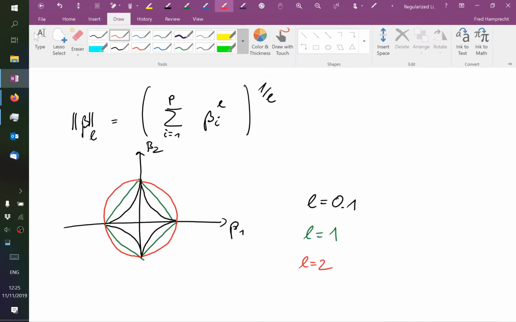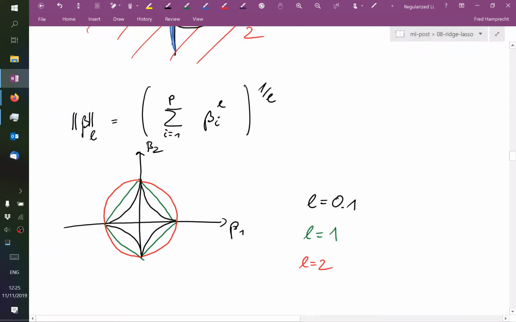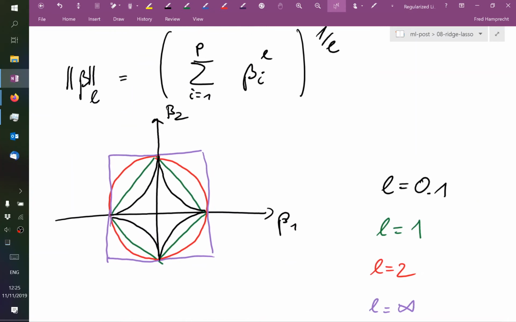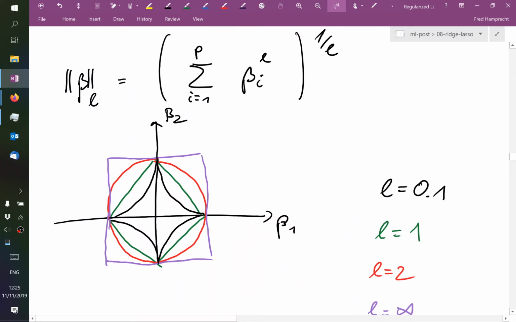We have the L infinity norm, which looks like that. And these other fractional norms somehow interpolate. So we could use a 1.5 norm or so, which would be somewhere between the green and the red example here.